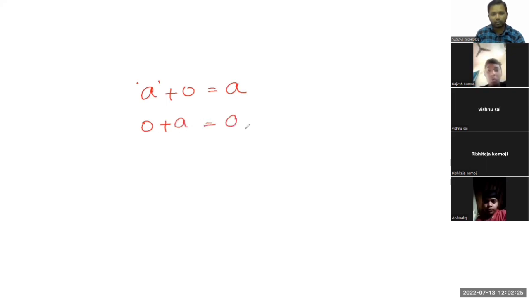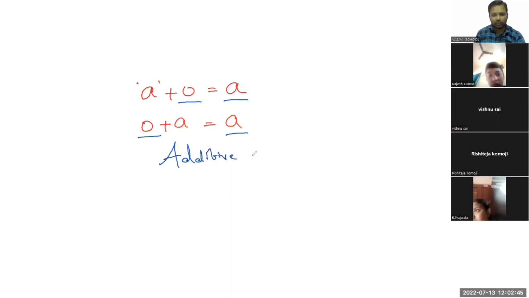Again, we get the same result. So in these two additions, we got the same value, whether adding 0 or being added by 0. So this 0 is called additive identity. 0 is called what? Additive identity.